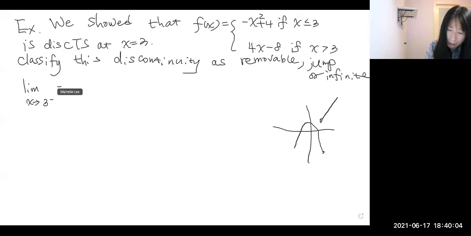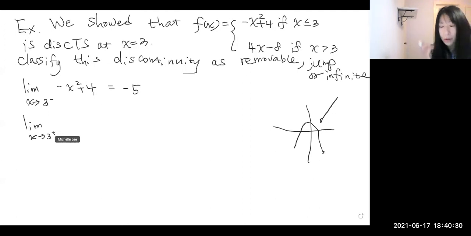Good. And we plug in. What do you get? Negative 5. Three from the right, which one are we going to use? 4x minus 8.